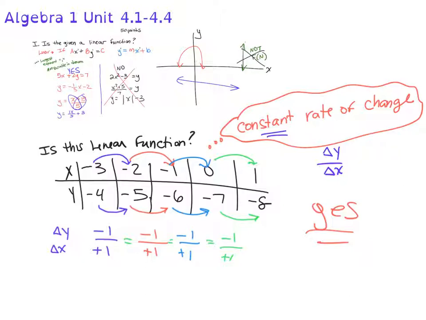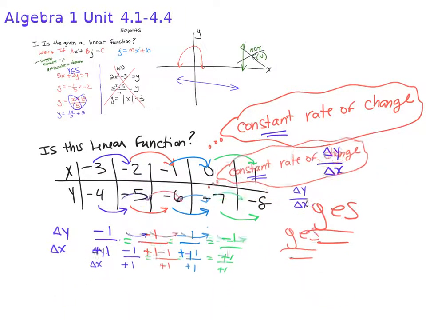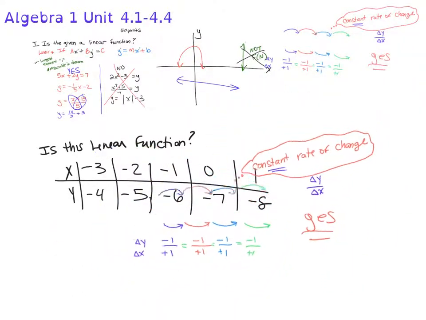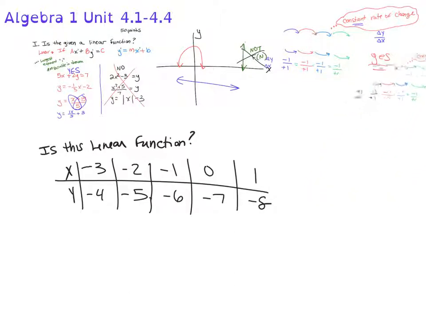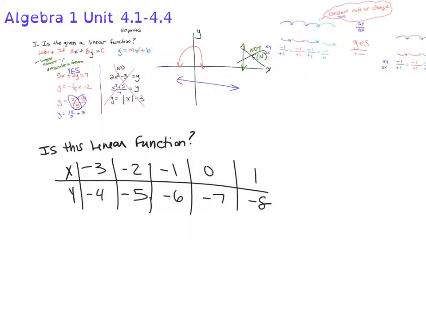But let me show you what would happen if it looked like this. Okay, so as it is right now, it's linear. If I decided to change this, let's just say -4, okay?